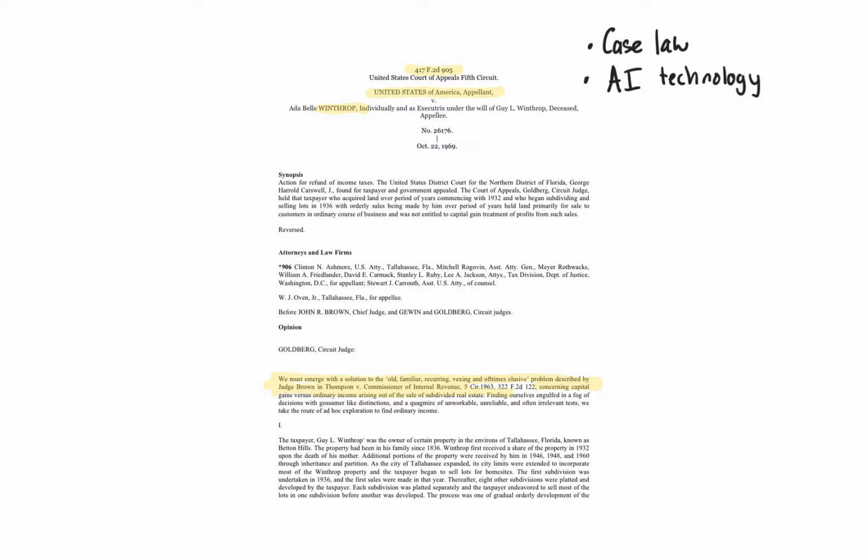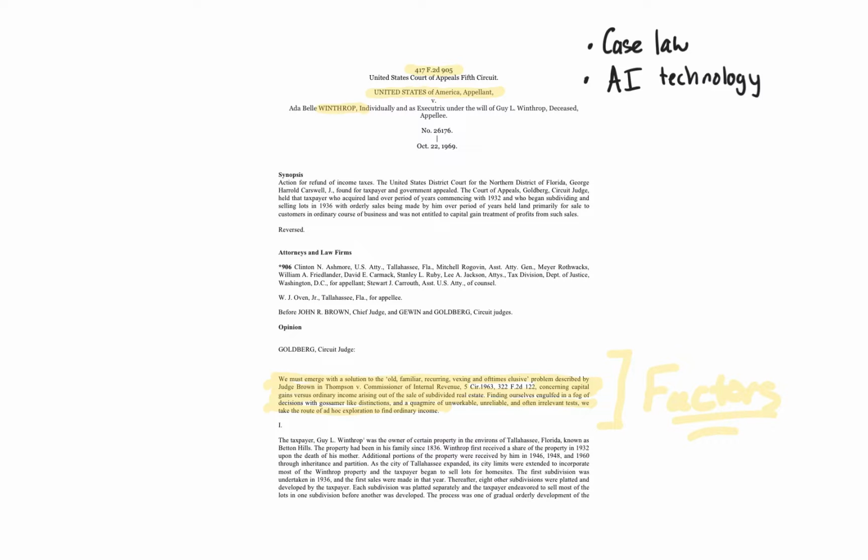So a lot of times these judges have a very eloquent way of writing things. That's what you can see there. "Finding ourselves engulfed in a fog of decisions with gossamer-like distinctions and a quagmire of unworkable, unreliable, and often irrelevant tests, we take the route of ad hoc exploration to find ordinary income." So this is starting off telling you that you're probably going to be dealing with a factors test.